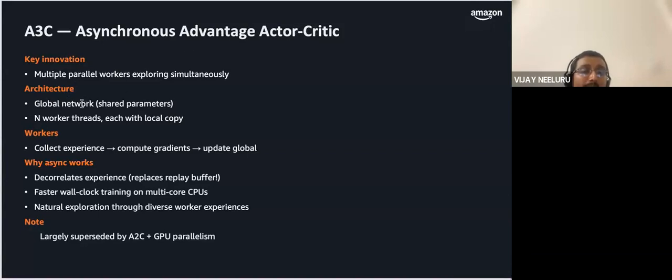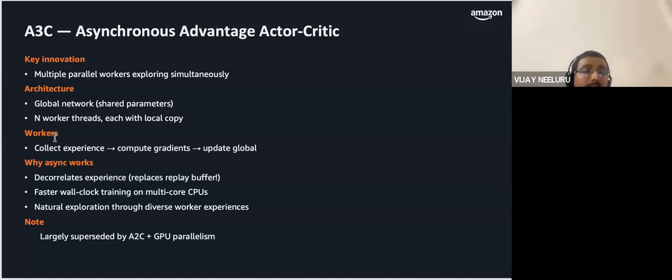It has the global network, a central global network containing the parameters for the actor and the critic that all agents will ultimately contribute to improving. Then we have the worker agents, where multiple workers are created, each with a local copy of the global network, a local copy of the actor and critic initially synchronized with the global network parameters.